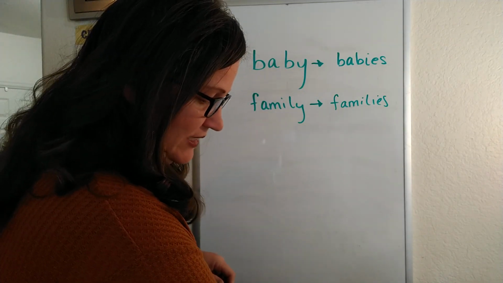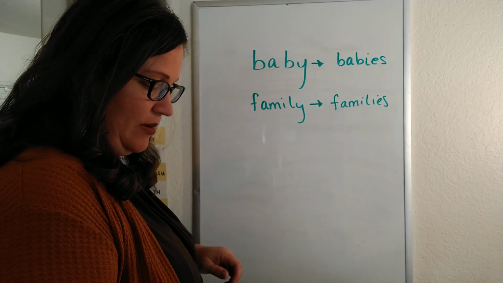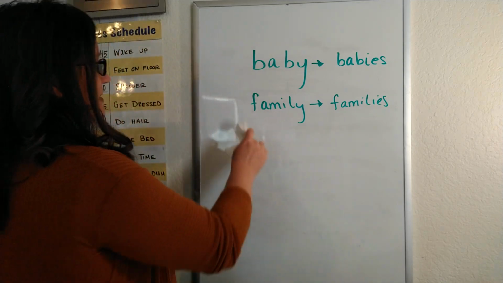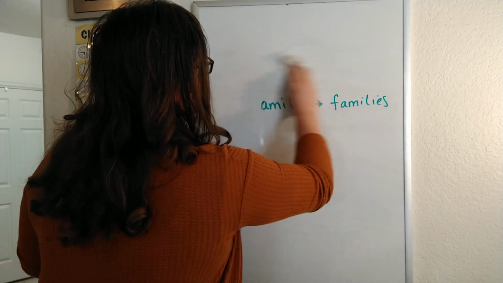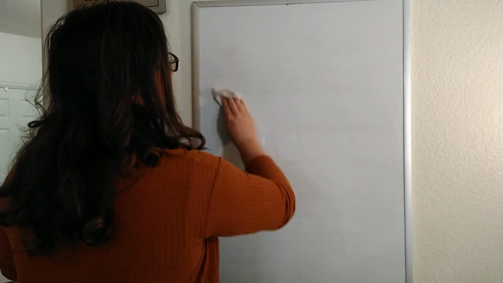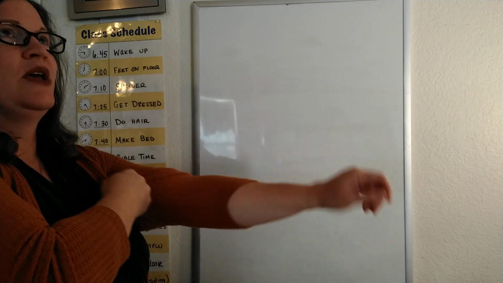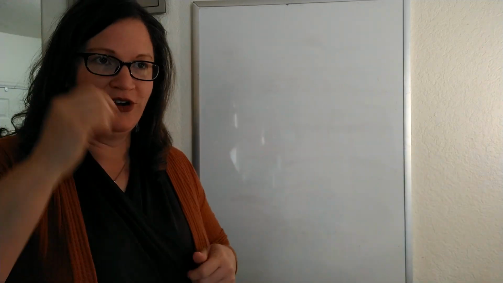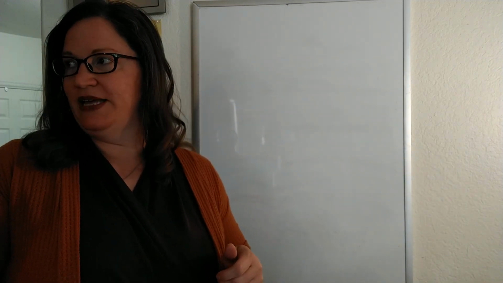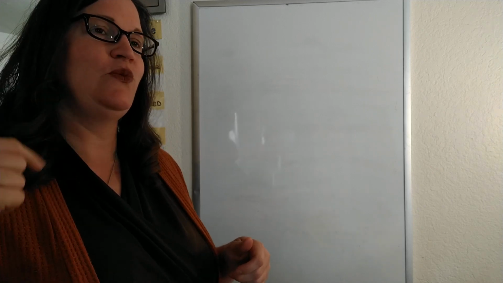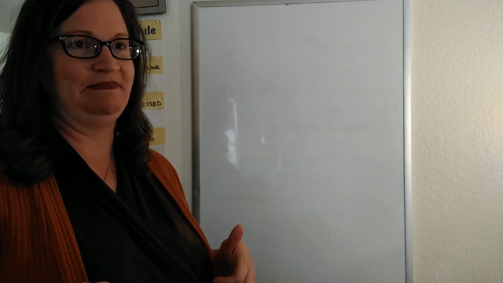So we have words today that end in Y, but we're going to think I to help ourselves remember them. So our first word, when you hear this word, it may throw you off on how to spell it because you hear the word any.